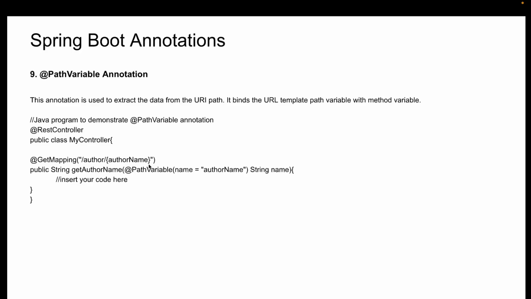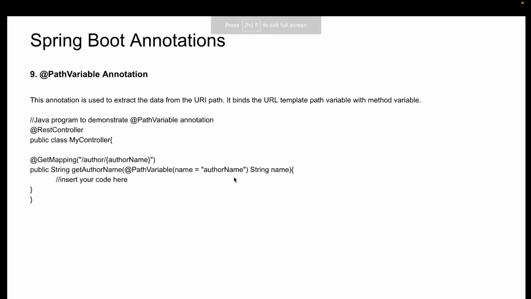So we will be passing a value for this in the URL. Let's say slash author, and this is in the curly braces, author name, and your path variable is basically name is equal to author name.